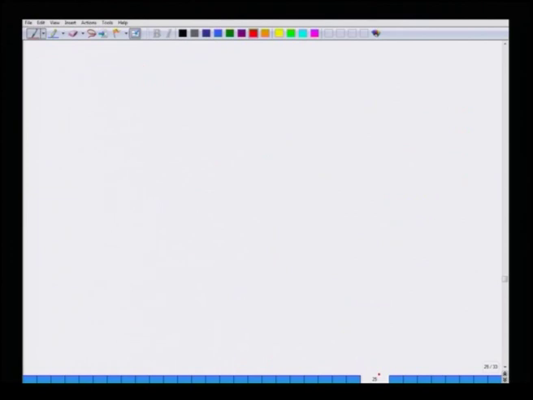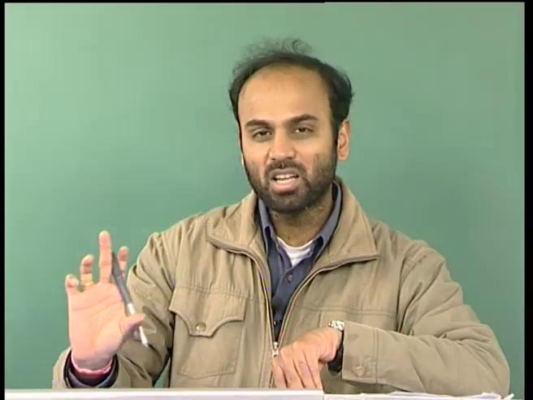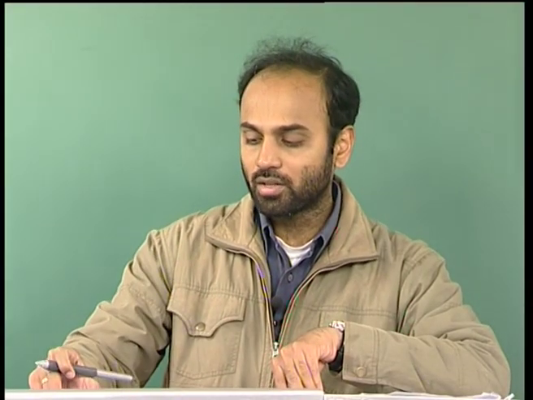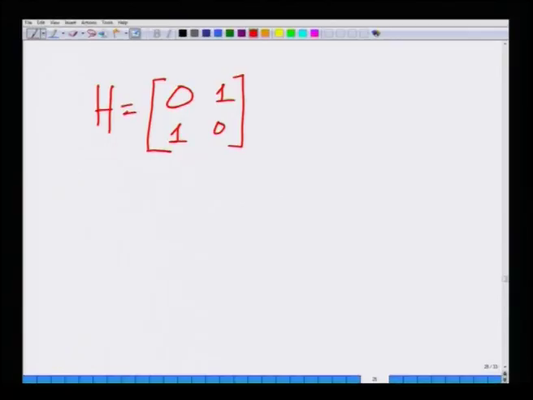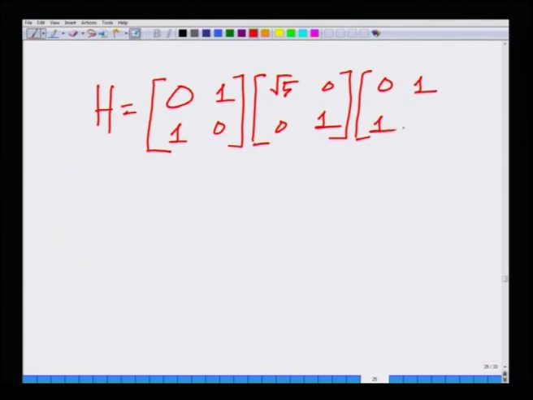Instead, the valid SVD of this can be written as, and you can verify this, 0, 1, 1, 0, that is nothing but the identity matrix whose columns are flipped. Look at this, 1, 0, 0, 1 is the identity matrix, this is 0, 1, 1, 0, times now square root of 5, 1, 0, 0, again 0, 1, 1, 0.